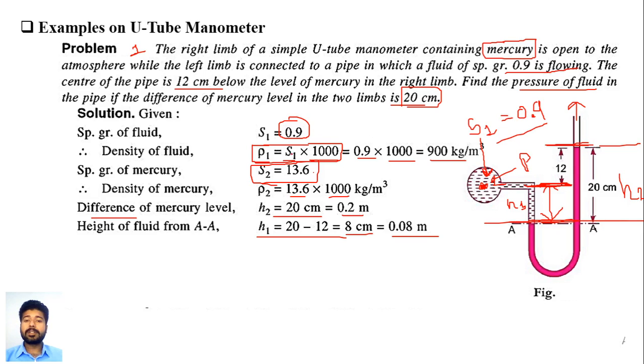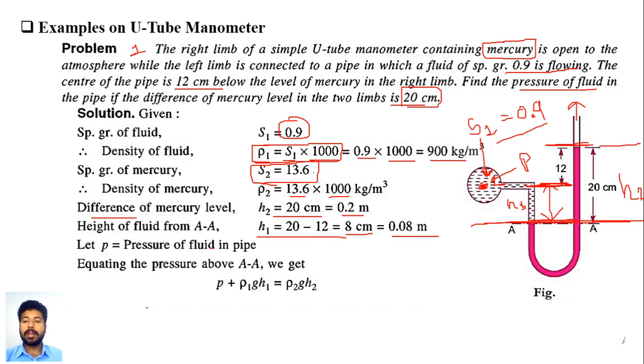After finding all these values, we need to find the pressure intensity. So let's equate both sides. This one is our first component H1, this one is our second component, and this one is our third component, equating these two limbs above the AA datum line.